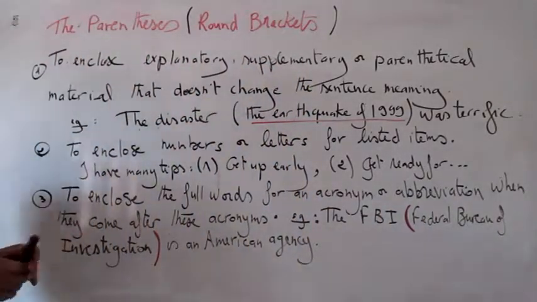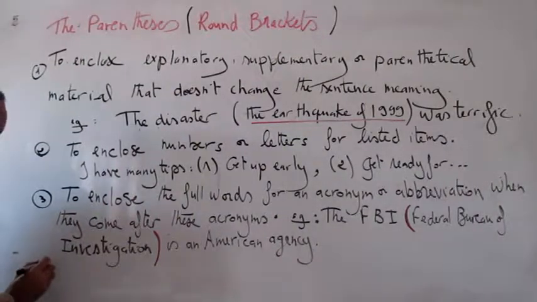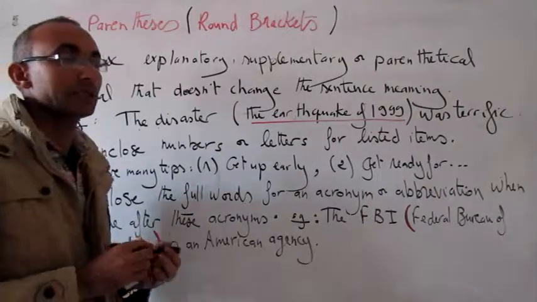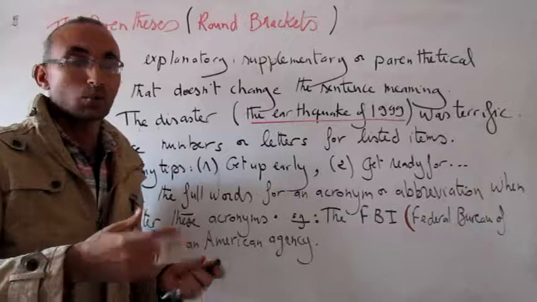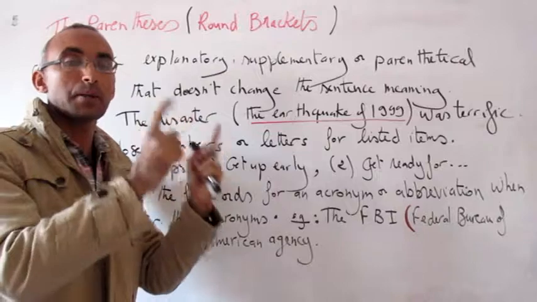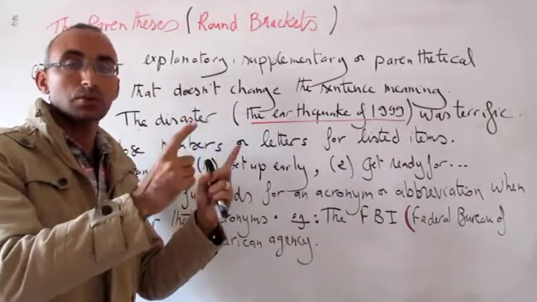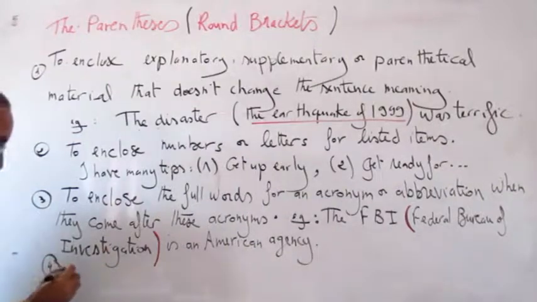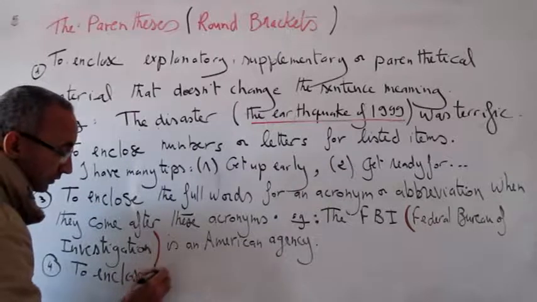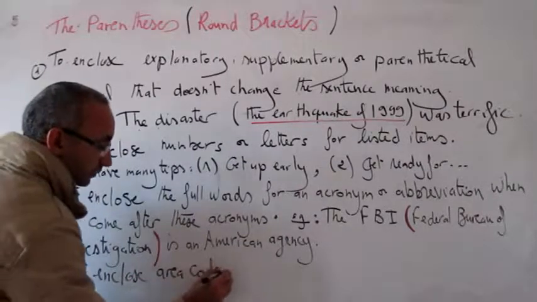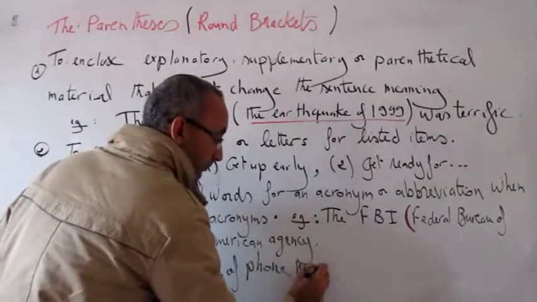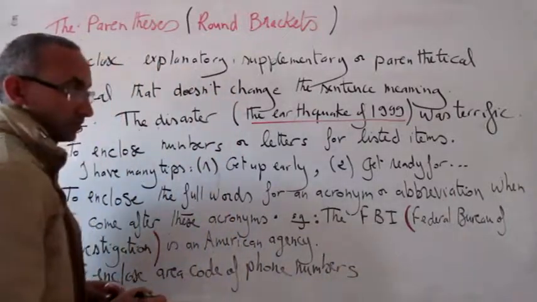What is left is our simple case, which concerns phone numbers. If you notice, when we write, especially international phone numbers, we have an area code at the beginning of the phone number. This area code is always placed between two parentheses. So, to enclose the area code of phone numbers.